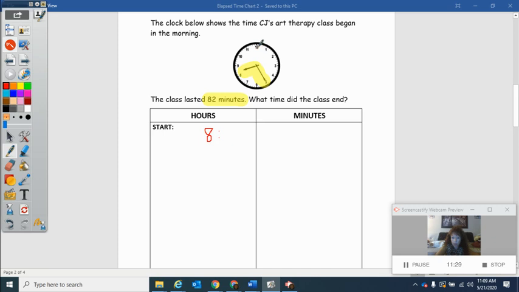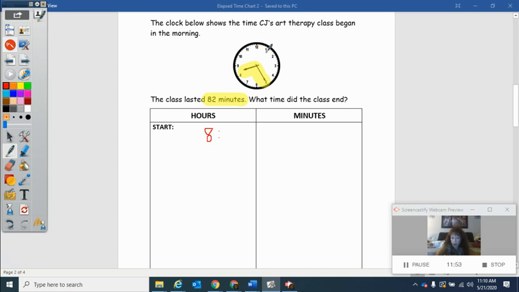So I'm going to start at my 12 because that would be 8 o'clock, 8 hours and 0 minutes. I'm going to come around clockwise, counting by fives, and stop where the minute hand is pointing, which is pointing to the 5. So I start at the 12. I'm going to start counting here.